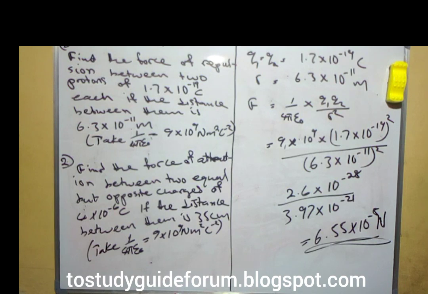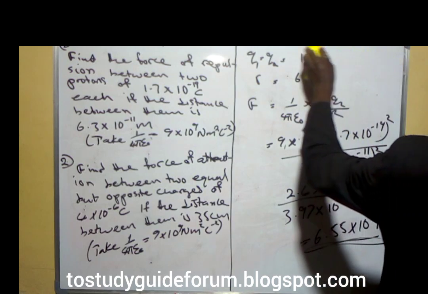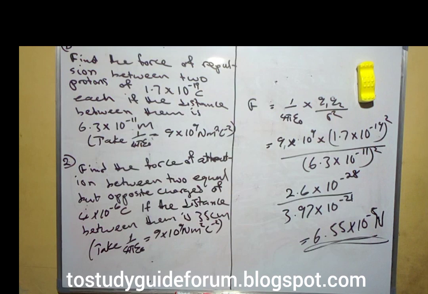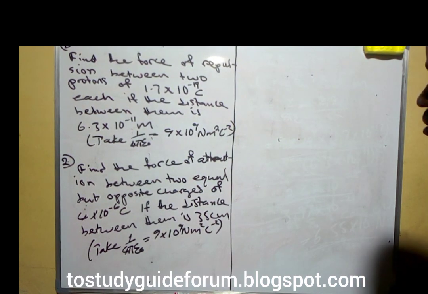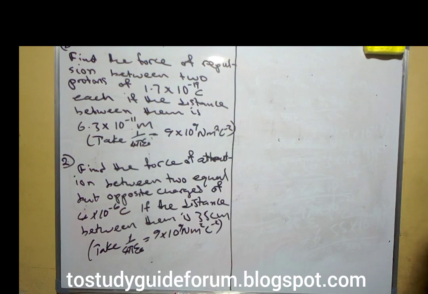The next one we're going to do now, the second one, says find the force of attraction between two equal but opposite charges of 4 times 10 raised to the power minus 6 coulomb if the distance between them is 35 cm.